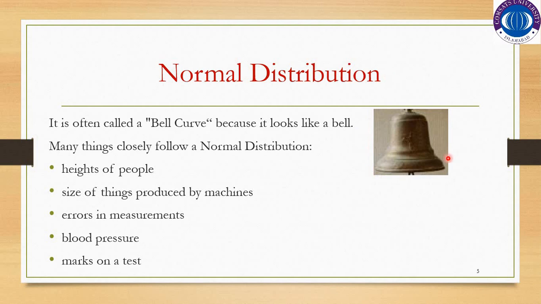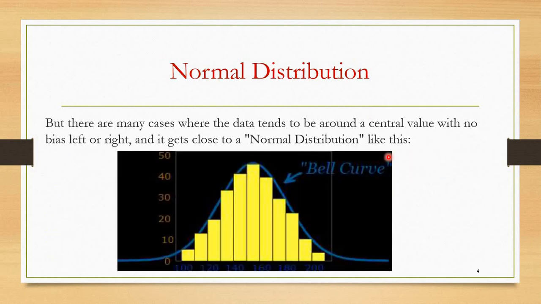This is the bell, and you can see that it is similar to the shape of the curve of the normal distribution. It is often called a bell curve because it looks like a bell.